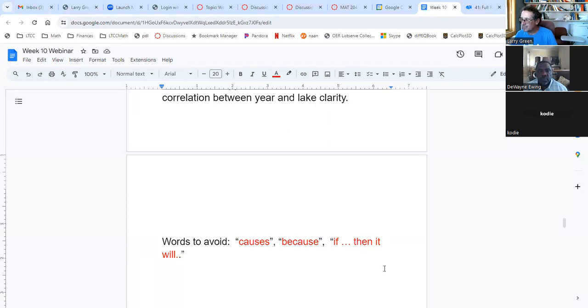Does that make sense? Do you think there was a correlation between the number of times parents hit their children and the amount of violence that child ends up committing as an adult? What do you think? Do you think there's a correlation?